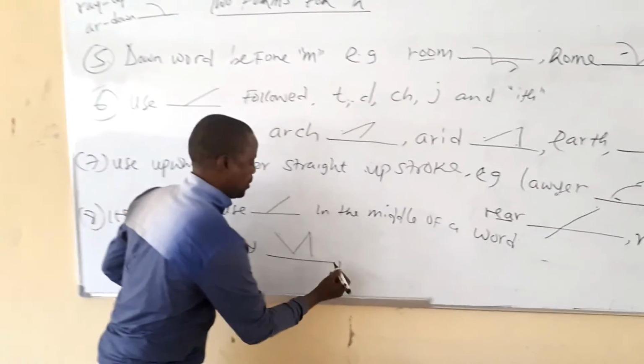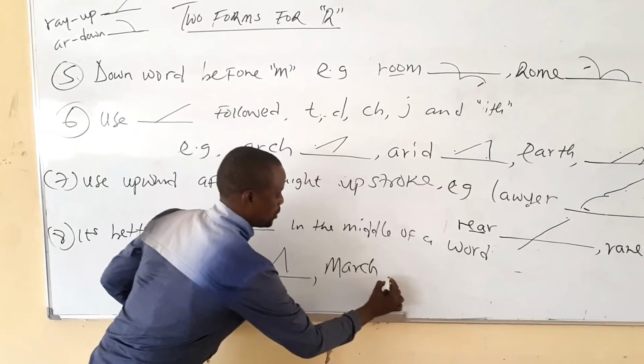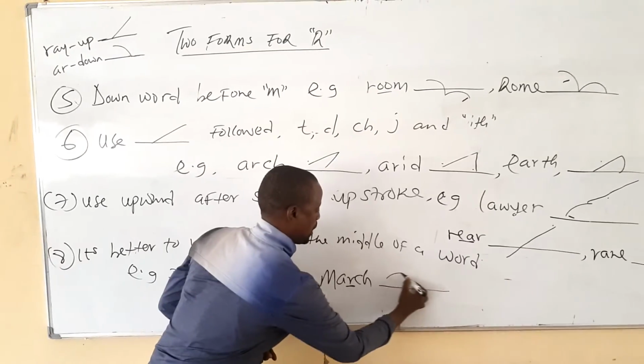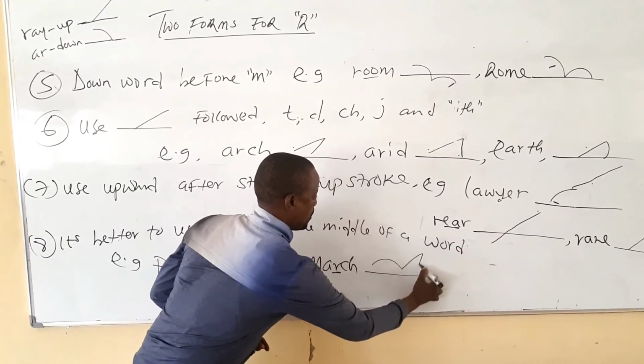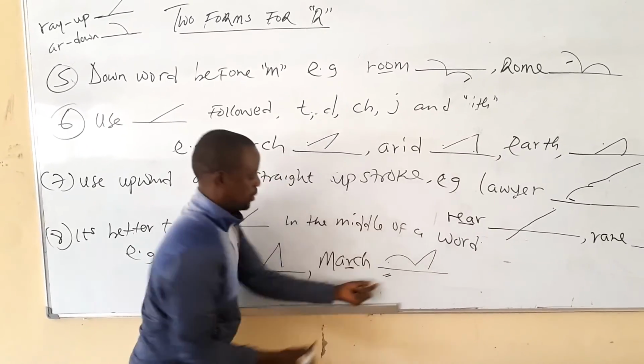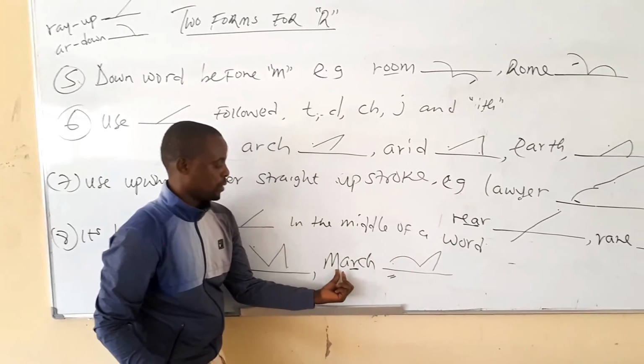Then another example, we say March. Now you can see R in the middle of a word. Your downward R, you can see March. But let us have two lines underneath indicating that this is a capital letter.